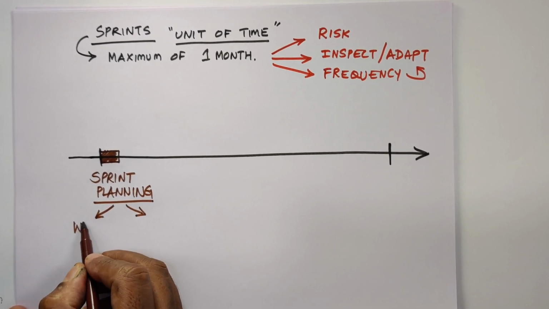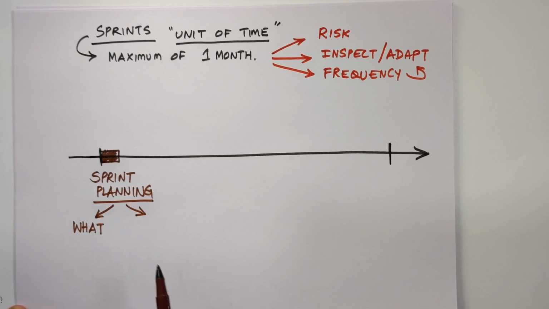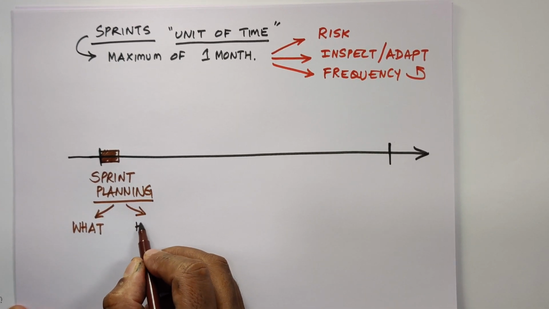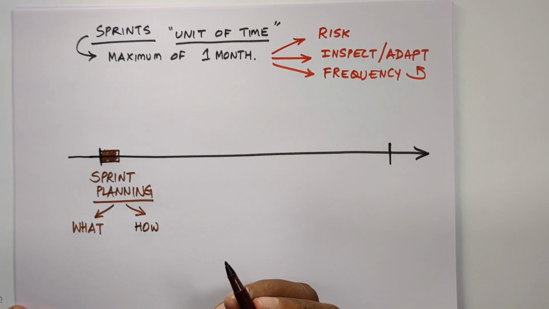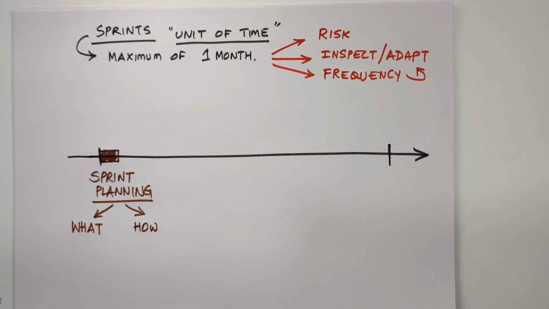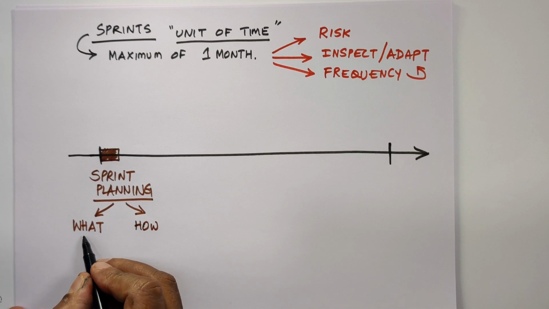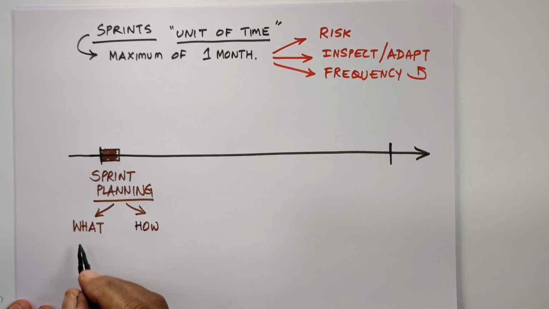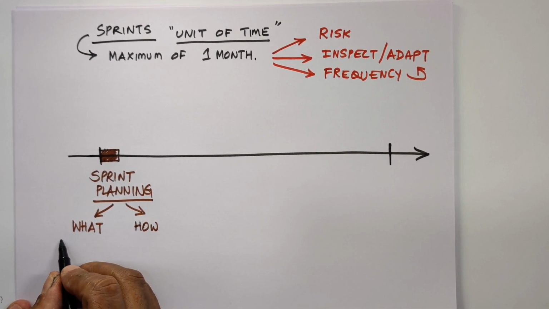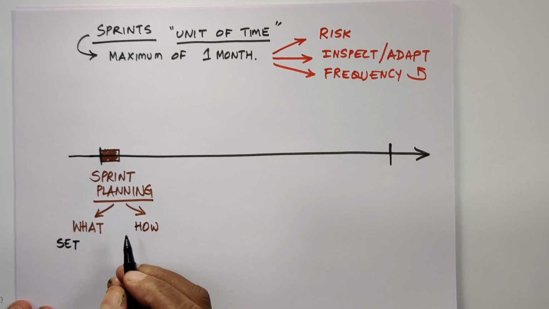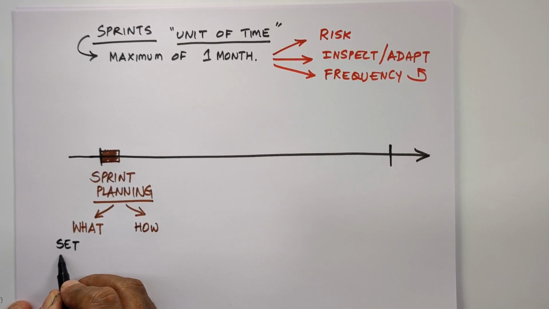One, what needs to be done, and second, how it is going to be built. So, in the first part, the product owner along with the team, basically the Scrum team, set or identify the sprint goal.